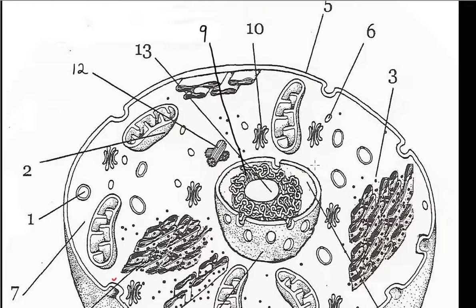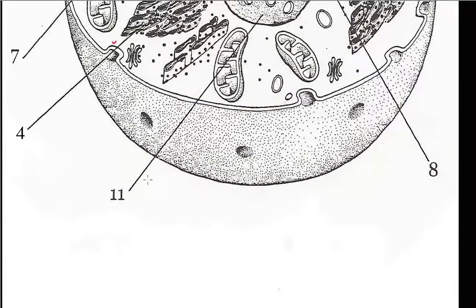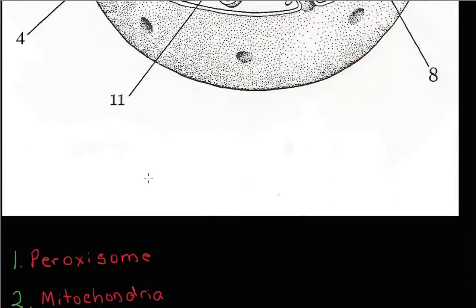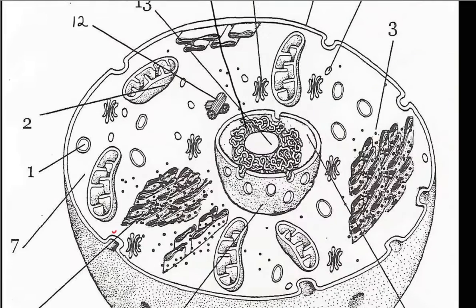Okay, now we will be talking about what these organelles are and what they do. Let's start off with number one. Number one is going to be, it's hard to say, peroxisome. Peroxisomes facilitate fat and alcohol breakdown throughout the body.